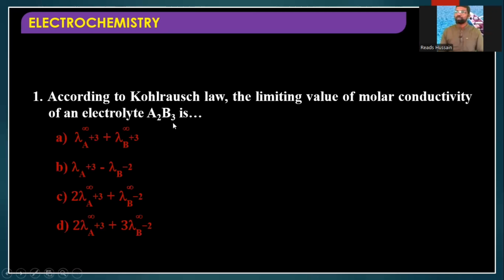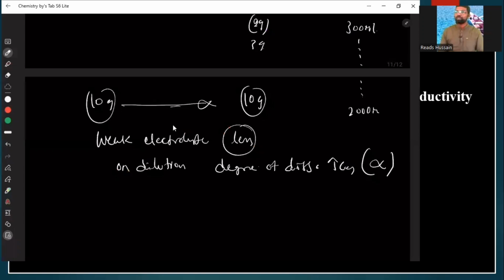This is the electrolyte salt A2B3. So what is this 2? 2 is the valency of B. 3 is the valency of A. Which type of electrolyte is this?